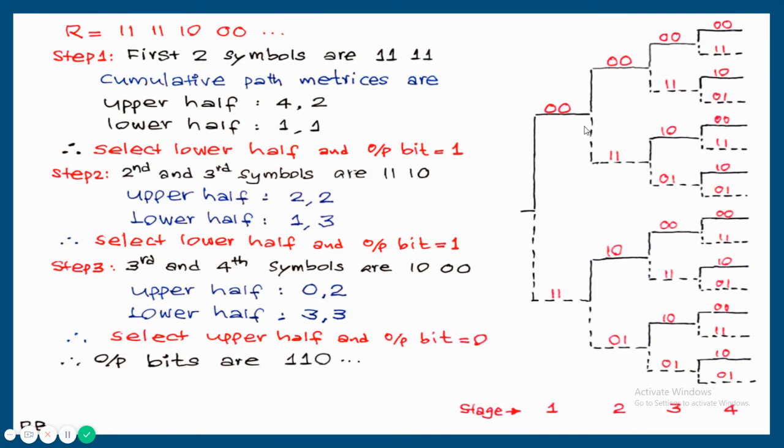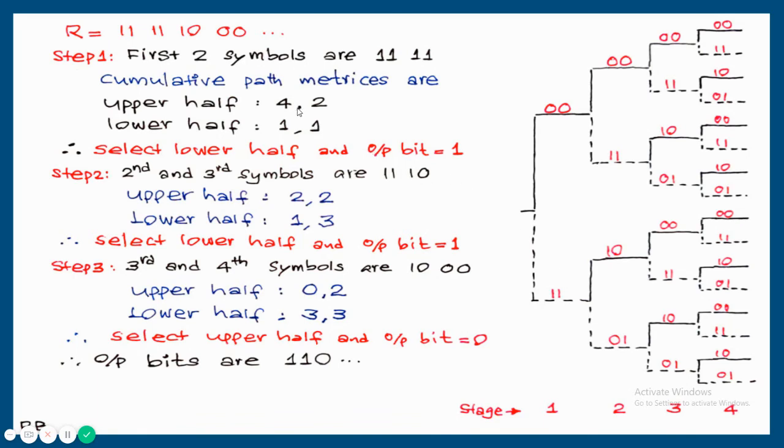So upper branches are completed. Now we'll go for the lower branches. Between 1, 1, 1, 0 and 1, 1, 1, 1, the number of differences is only 1. That 1 is written here. Second option, 1, 1, 0, 1. Between that and 1, 1, 1, 1, the number of differences is again only 1. That 1 is written here.